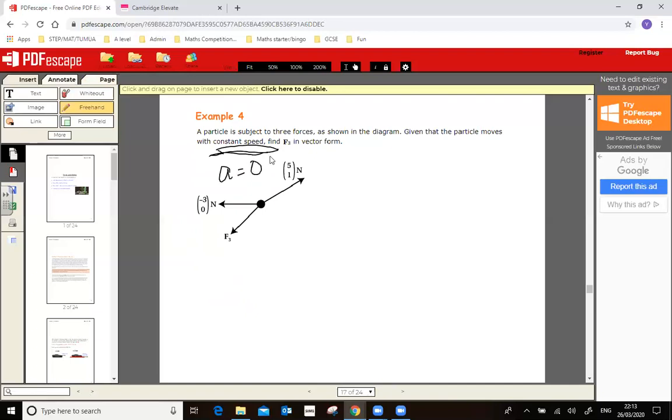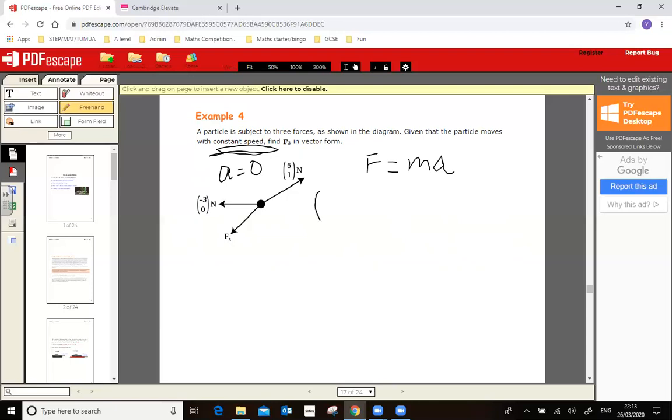So when we use Newton's second law, F equals ma, the F still stands for the resultant force. So we need to add all the 3 forces together using their vector form. So why don't we write that down first?